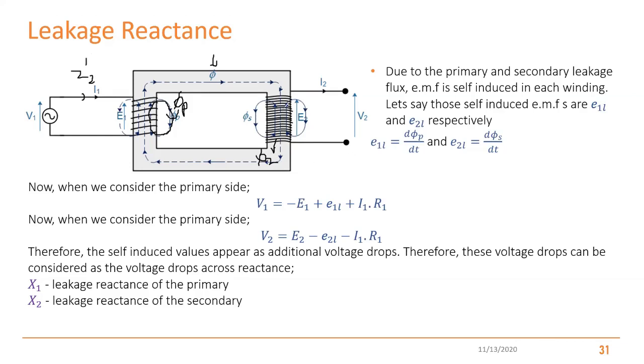But due to the current in the secondary there will also be leakage flux, and those leakage fluxes are not cancelled out by the I2 dash current. Therefore leakage fluxes occur in both primary and secondary and are a source of power losses.